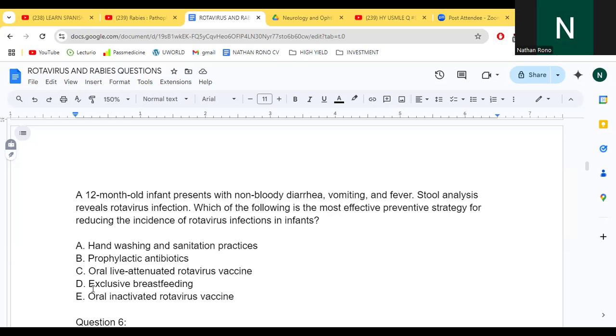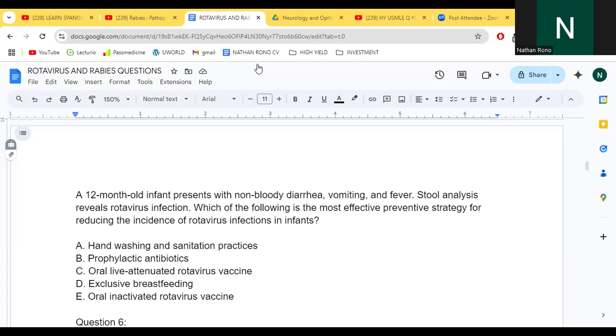So we know rotavirus is a live attenuated vaccine, okay? We mentioned an oral inactivated vaccine when we did our last lecture. Do you remember the polio vaccine? There were two types, Salk and Sabin. Do you remember when we mentioned them?